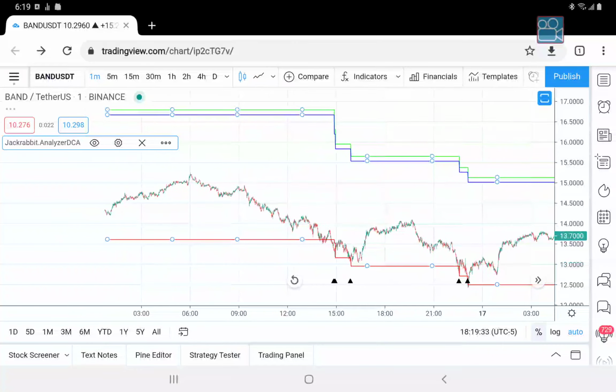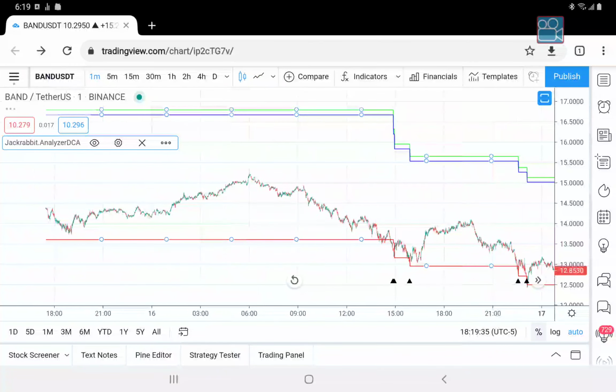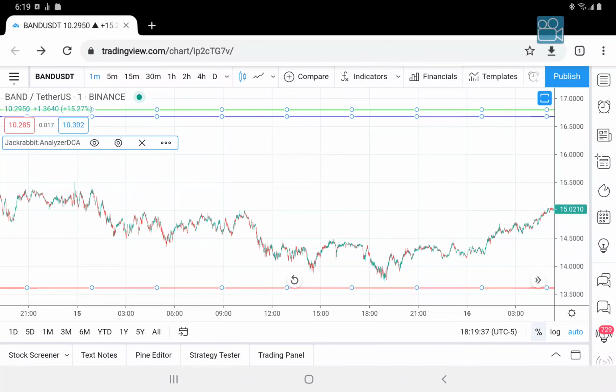So the new system, the dynamic take profit, the dynamic price methodology, and I should say the dynamic aggressive defensive methodology, because this works with both price and step. It's just not as obvious with the step.